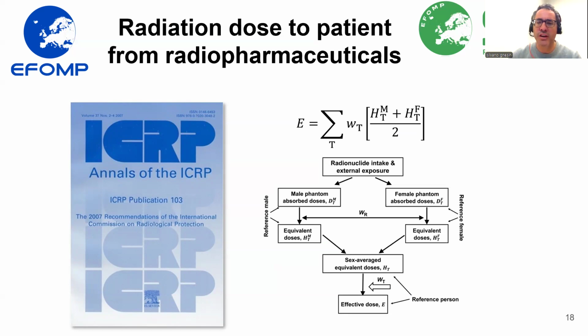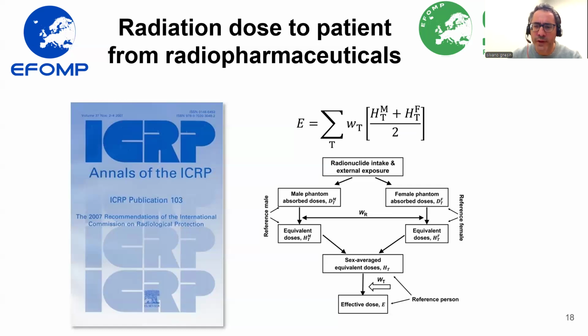The effective dose is a weighted sum of the equivalent dose of tissue from male and female adult reference phantoms, weighted, of course, with the radiobiologically defined WT tissue weighting factors.